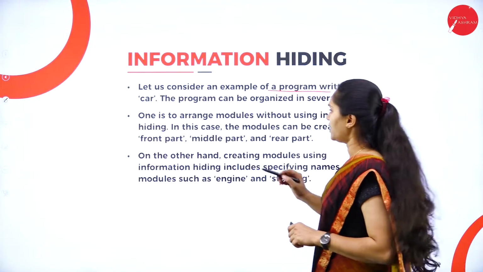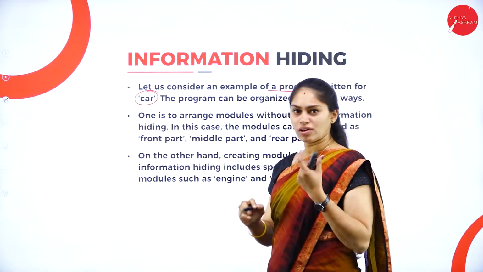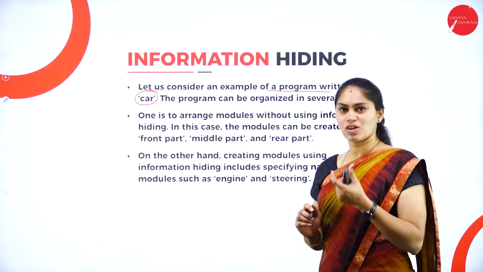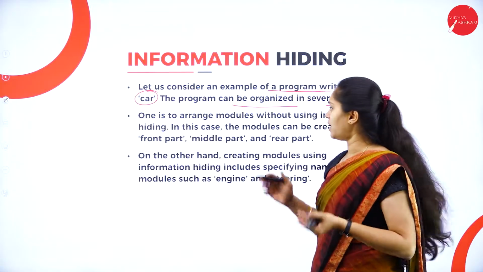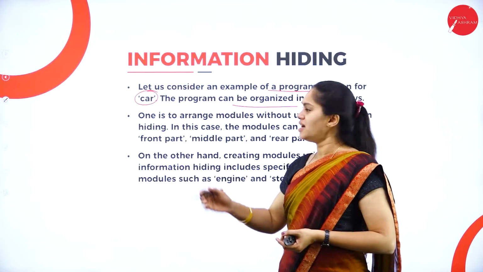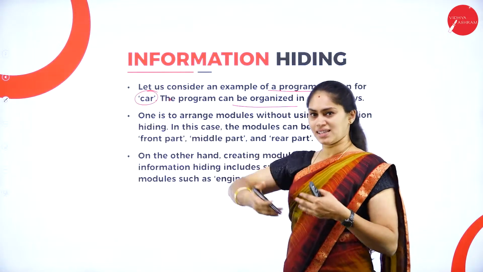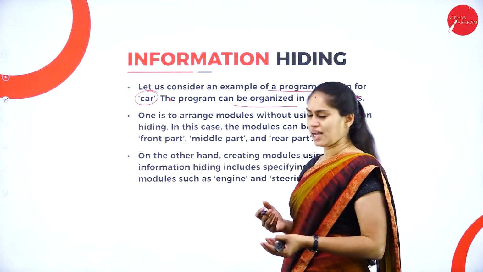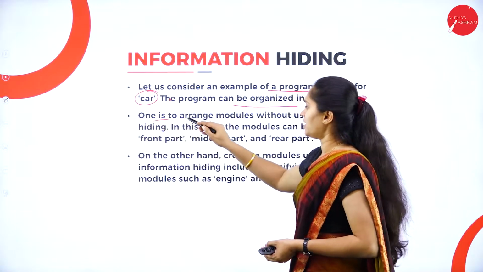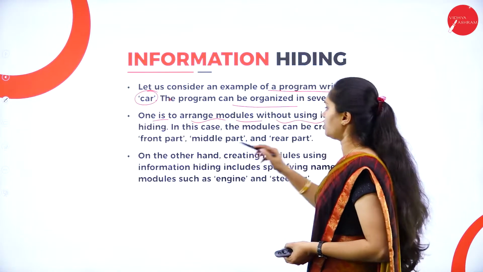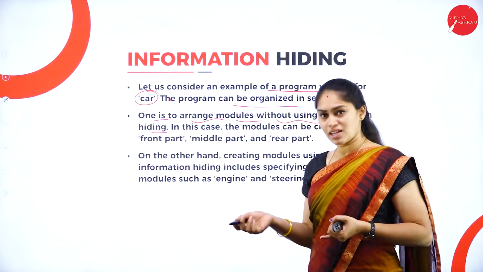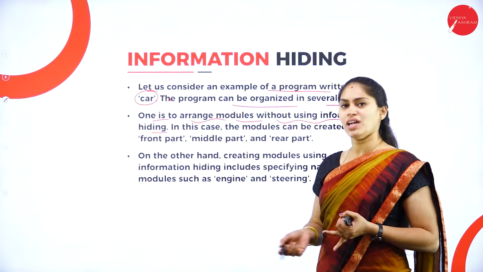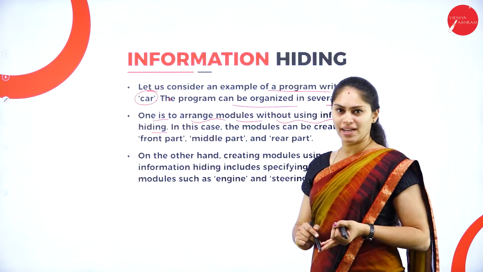Consider a program written for a car. Here we have a class called car, organized in several ways. In order to make the car work, we can write the program in two ways: without using information hiding, and with the help of the information hiding methodology.